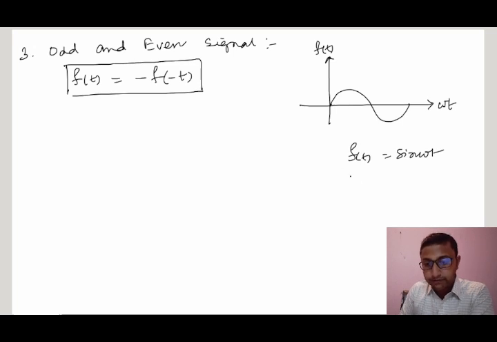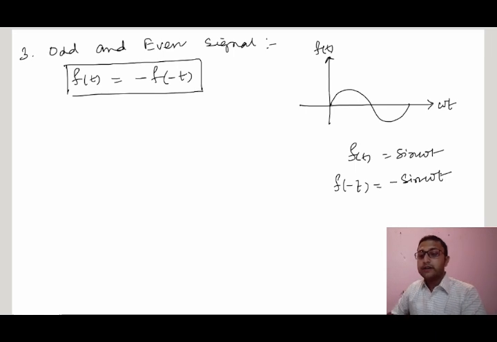If I put t equal to minus t, that means f(-t), it will be minus sin ωt, because sin(-t) is equal to -sin t. This is very common knowledge from our class 11 or 12 syllabus. So that means f(-t) is equal to -sin ωt, right? So this is the example of an odd signal.